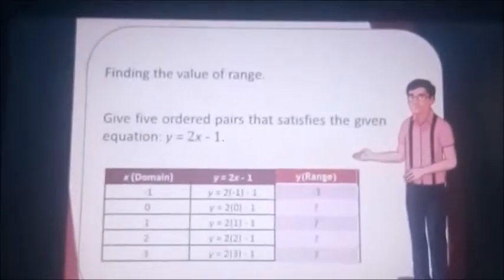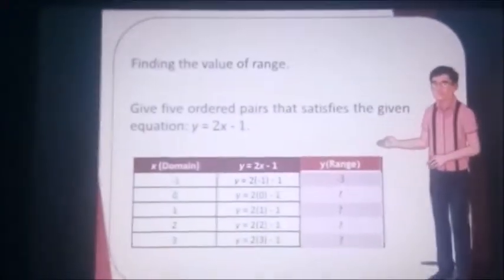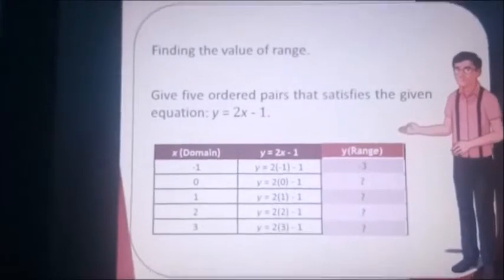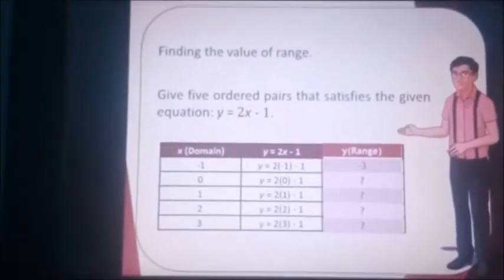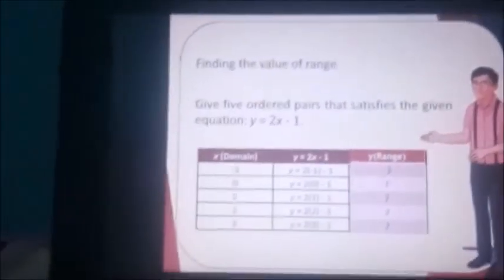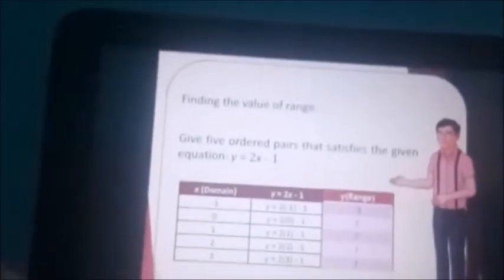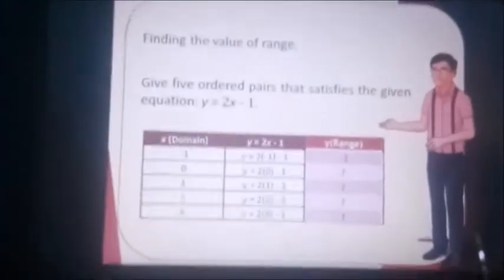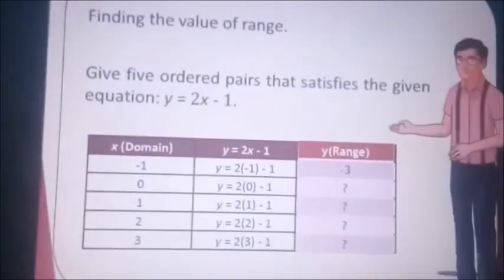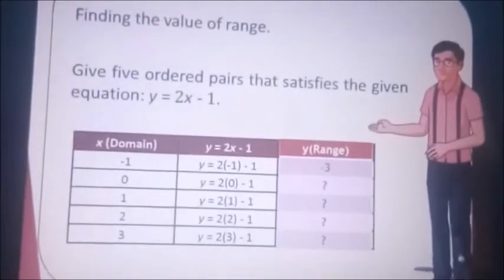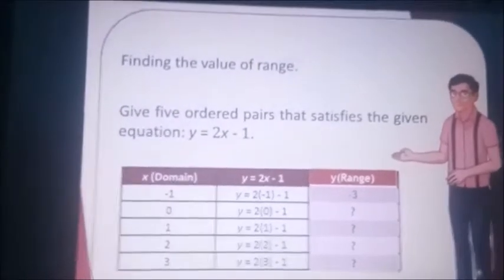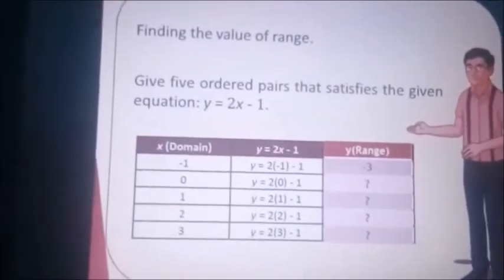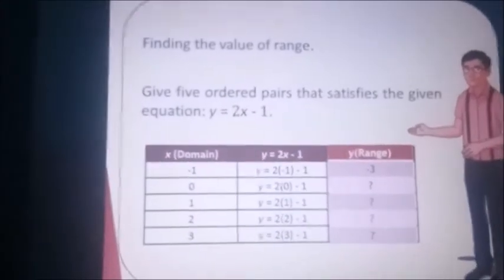Find the value of the range, given the 5 ordered pairs that satisfy the given equation. So we have the equation y is equal to 2x minus 1. For the domain, we have the values of x: negative 1, 0, 1, 2, 3.